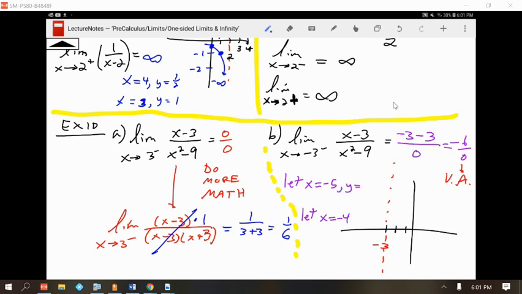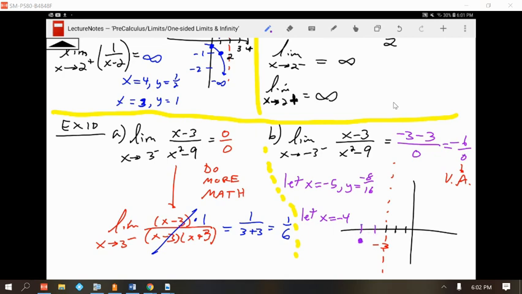When I plug in -5, what's -5 minus 3? That's -8. What's -5 squared? 25 minus 9 is 16. That's nice, and -8 over 16 is -1/2. So at -5, I'm down -1/2.